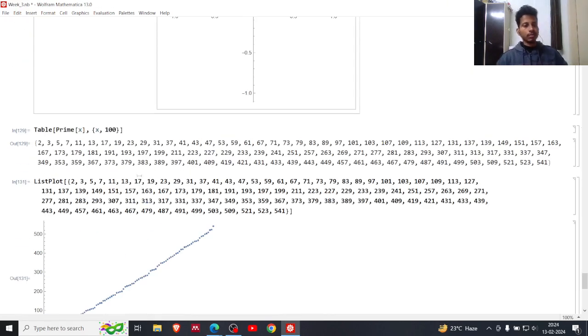So these are the prime numbers, the first 100 prime numbers, which goes up to 541.